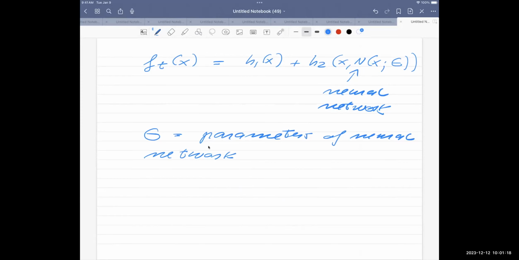That means we would start with a guess for f, and the guess could be this neural network, where this h1 is given by a function which respects the boundary conditions or initial conditions we have, and this function h of 2 is simply given by a neural network and maybe multiplied with something else.